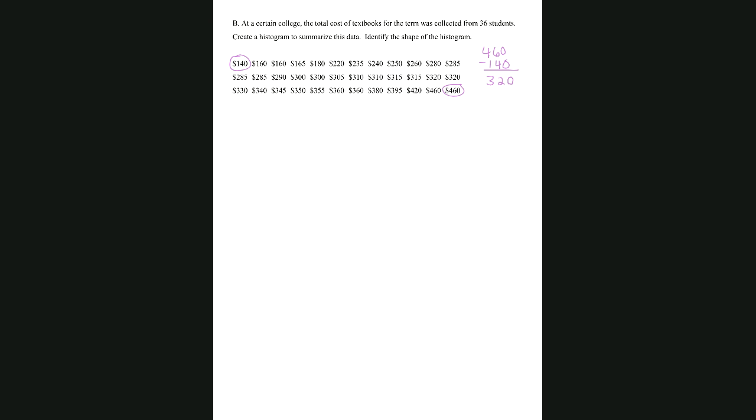So remember, I want between 5 and 20 classes. 320 is divisible by 5, right? So I'm going to say 320 divided by 5 and that gives me 64.